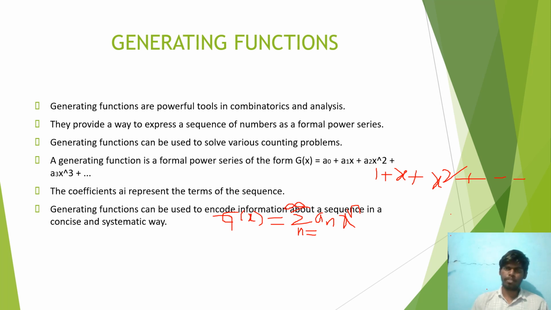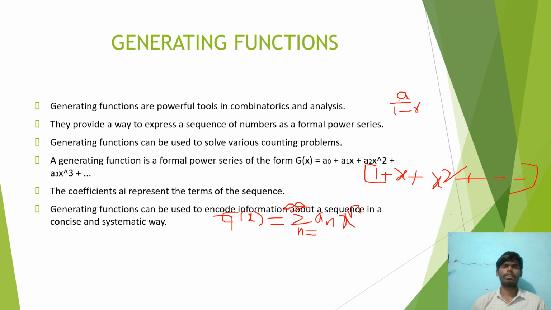The sum of these can be found by using the formula for this summation, which is given as a by 1 minus r. Here a is the starting value of the series and r is the ratio, the second coefficient divided by its previous coefficient, so that we'll get the r value.